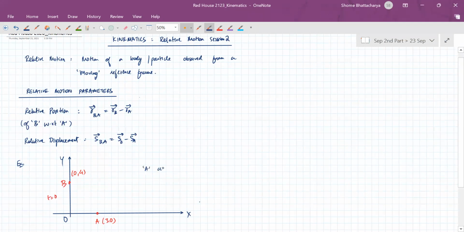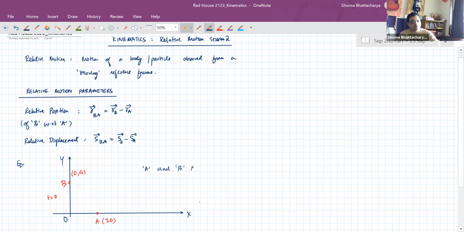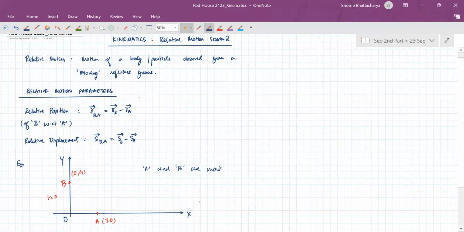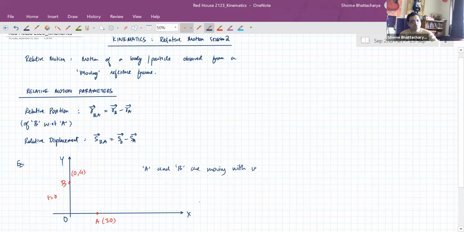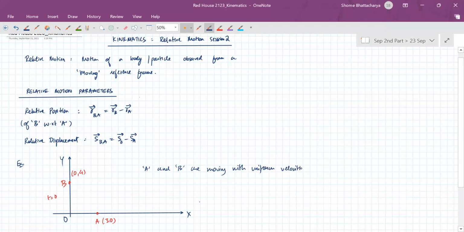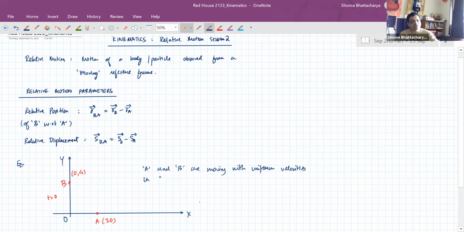So A and B are moving with uniform velocities in the fixed xy plane as shown.